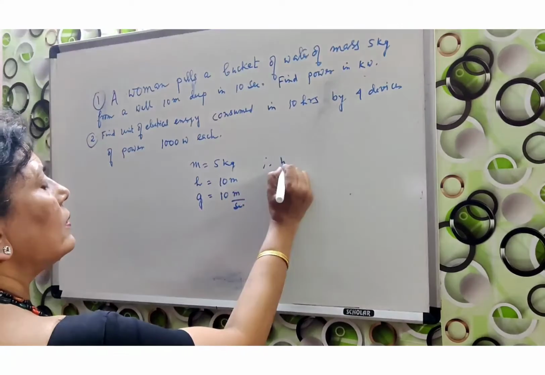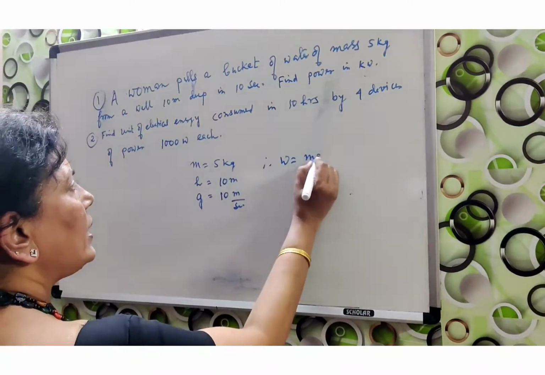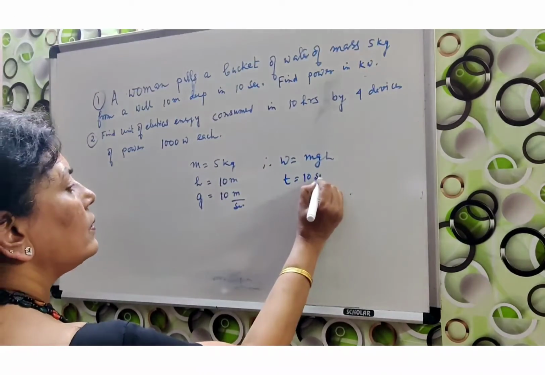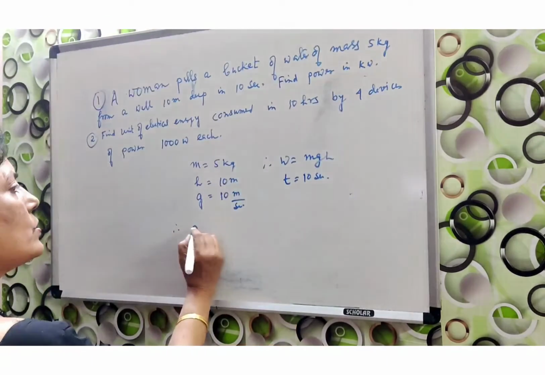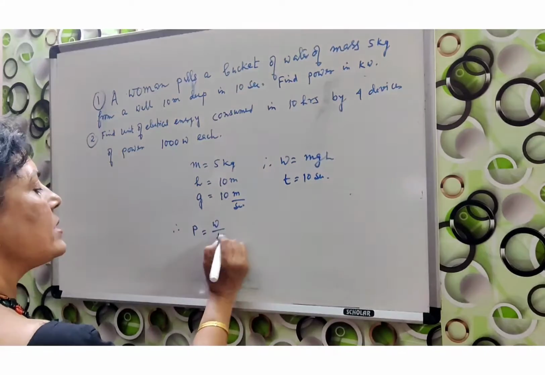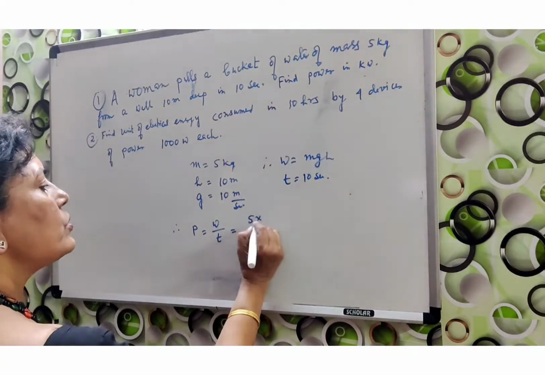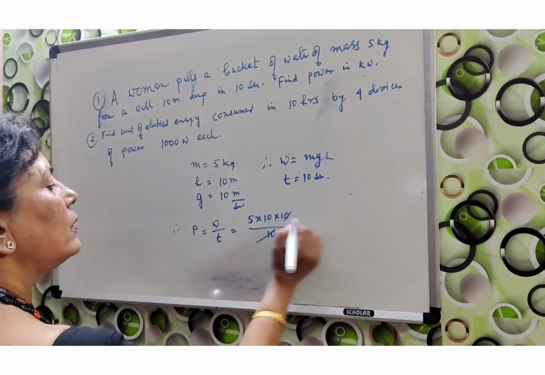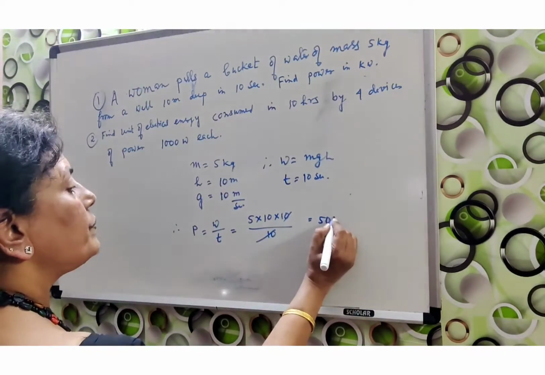So work done is equal to mgh, and time is equal to 10 seconds. So power is equal to work done by time taken, which is 5 into 10 into 10 divided by 10. That is equal to 50 joule per second, 50 watt.